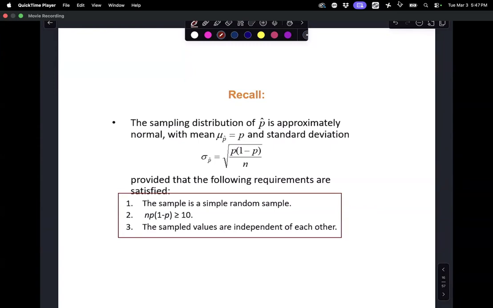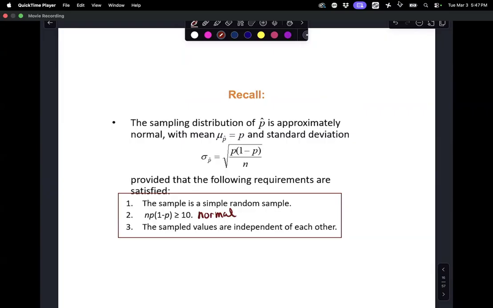So we need our simple random sample. You can state that you're assuming it's a simple random sample. Assuming random sample is fine because a lot of times it won't say. Then np times 1 minus p greater than or equal to 10. This tells us that our sampling distribution is normal.